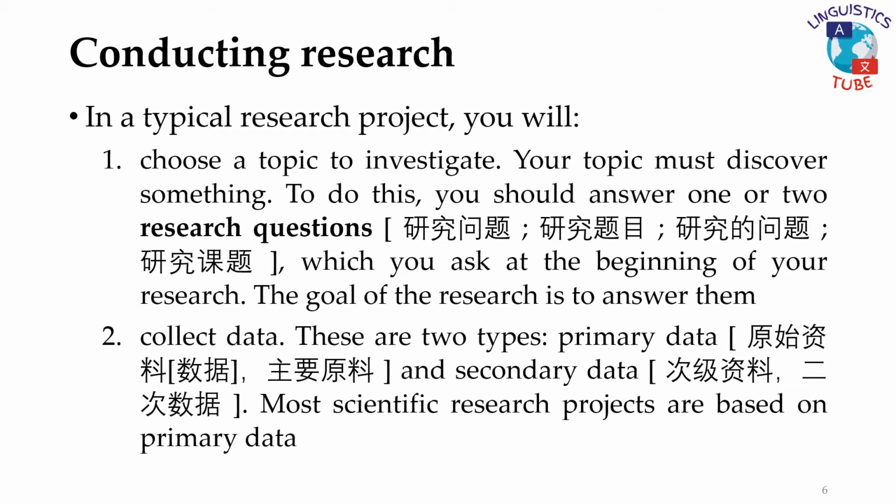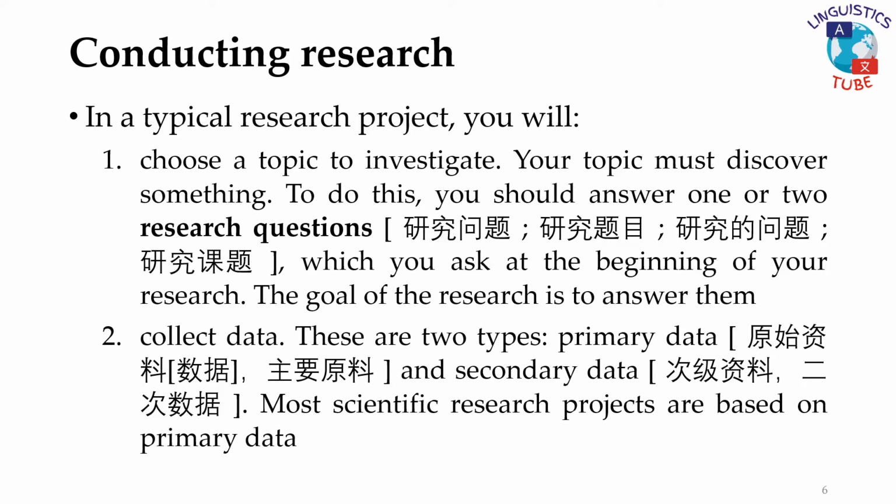Therefore, you must collect it yourself because it does not exist anywhere else. The other type of data is secondary data. This is not original data because it is data that has already been collected and already exists somewhere. For example, another researcher could publish their previous data online.